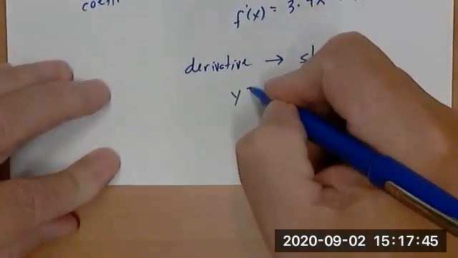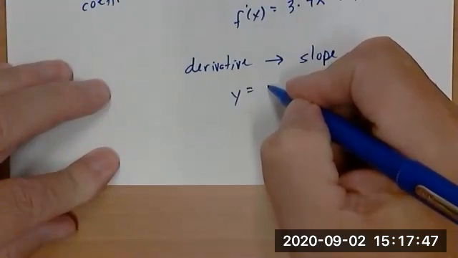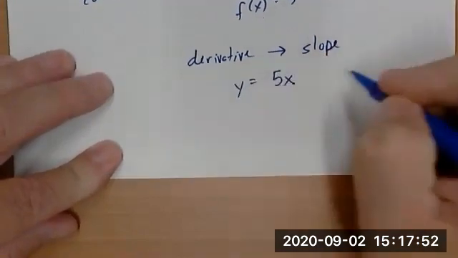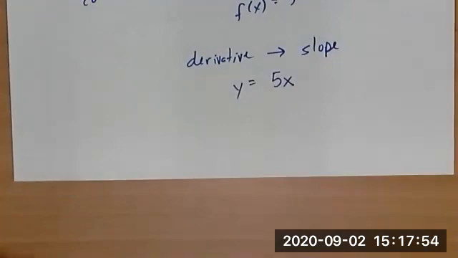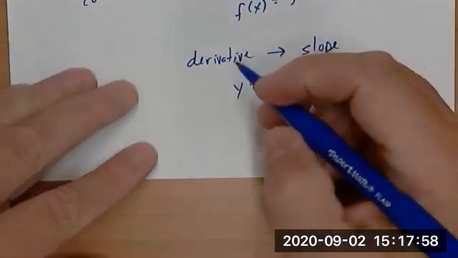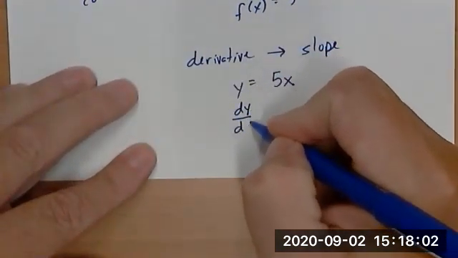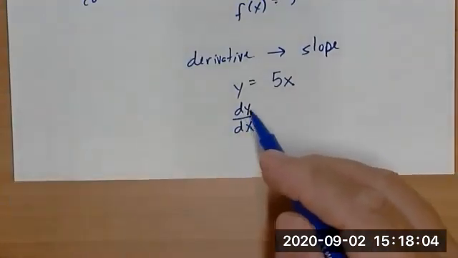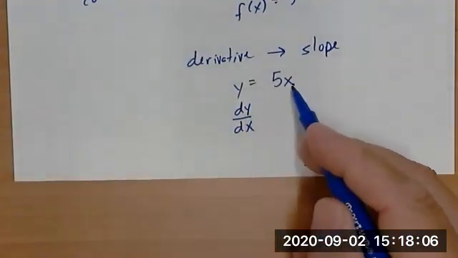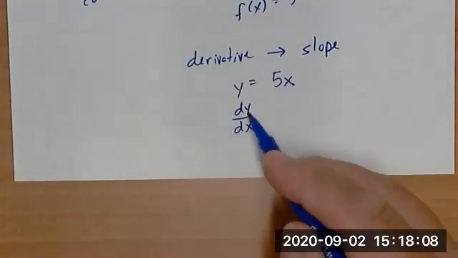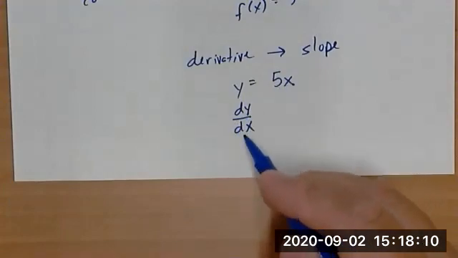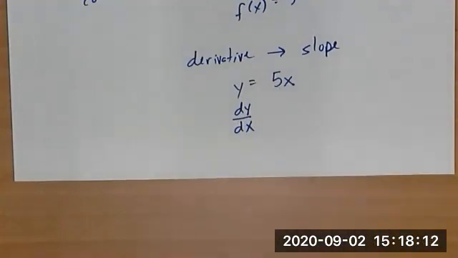So what if I say we're given y equals 5x, and we want to find the derivative, right? So the derivative of this equation y equals f of x, dy dx, right? dy dx is the other way we can write derivatives.